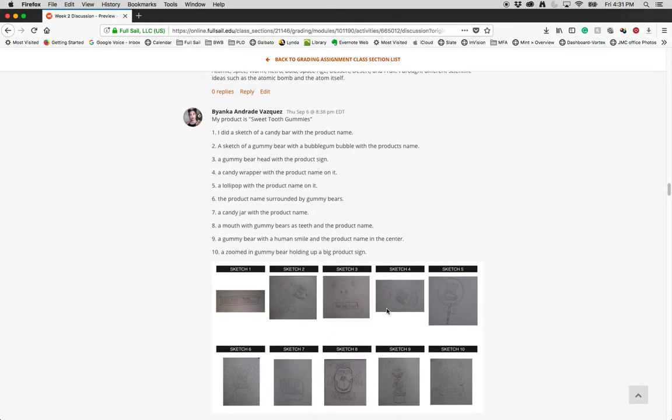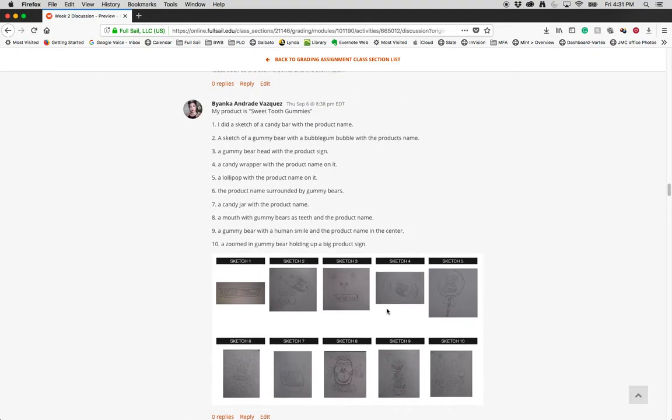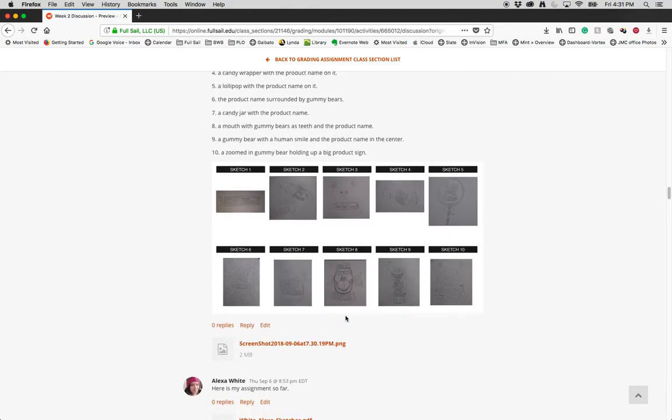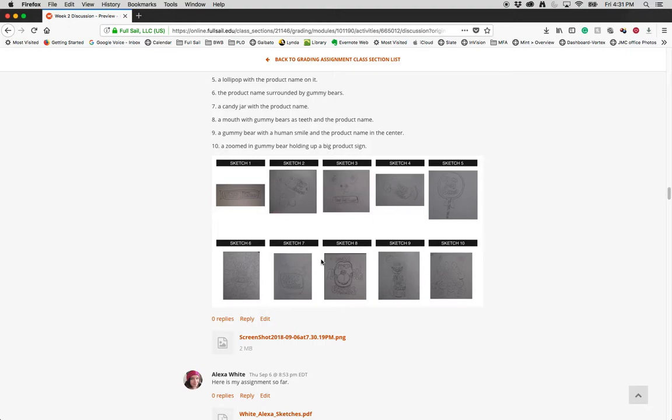All right. Next up, Sweet Tooth Gummies. This is Bianca. Bianca, your sketches are really hard to see. You need to take these into Photoshop and give them a little more contrast so they can be visible. I'm trying to see them. Okay, so there's a teddy bear sort of holding a candy bar, some candy wrapped, a candy pop.